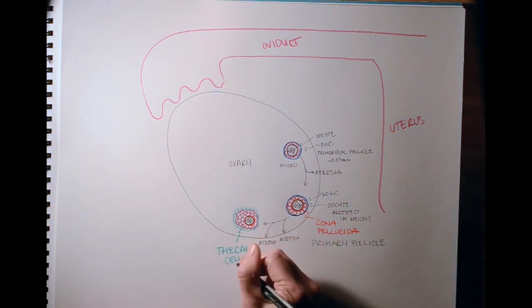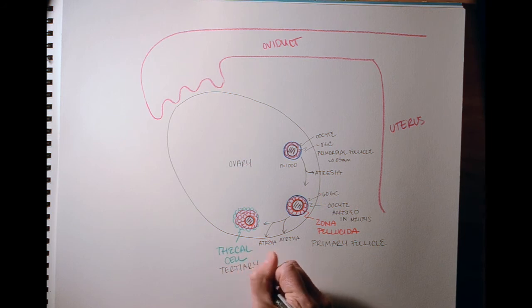And so in this tertiary follicle, we again have a few important changes, one of which is the appearance of this thecal cell layer and the expansion of the granulosa cell compartment.